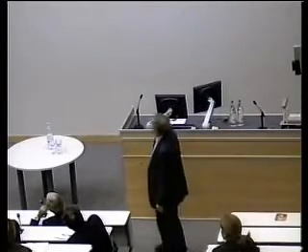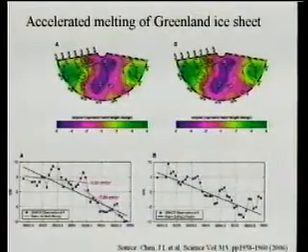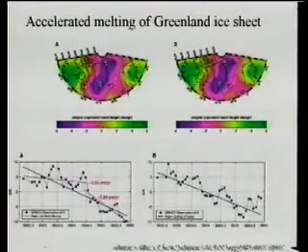The most recent analysis, I think I might have it here, published just about a month ago in Science. There are 3 satellite measurements made. This is easily, for me, the most fascinating. It's a measurement of the change in the gravitational field of Greenland due to the loss of ice.